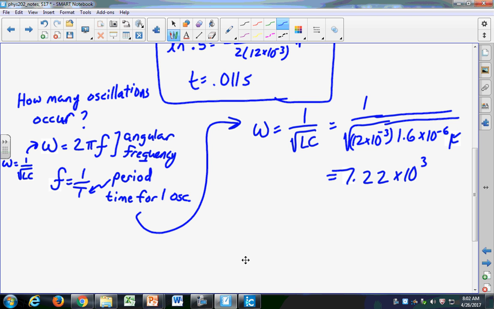It's in radians per second. It doesn't have to do with an actual frequency or 1 over seconds. So now I want to know the actual frequency. Omega is equal to 2 pi times f, so frequency is omega over 2 pi.